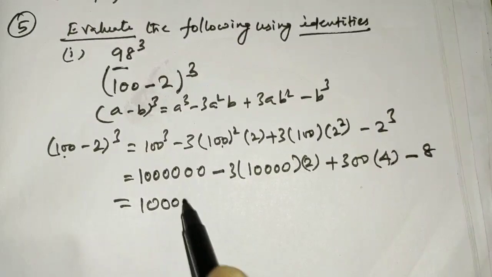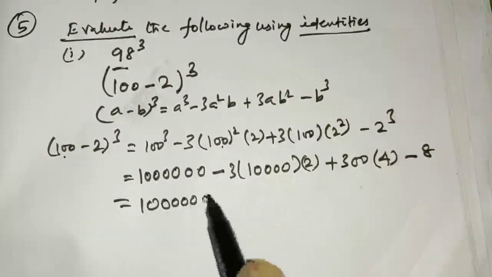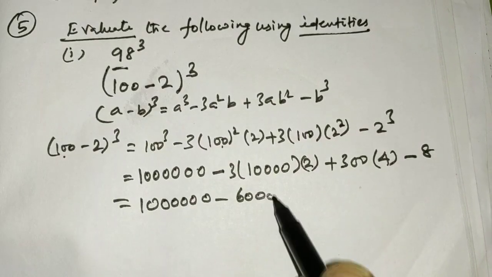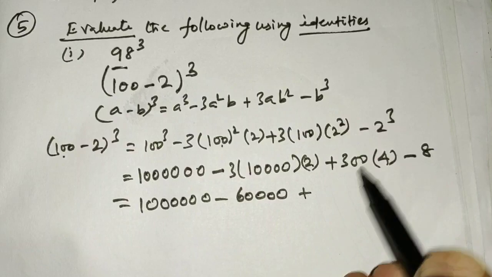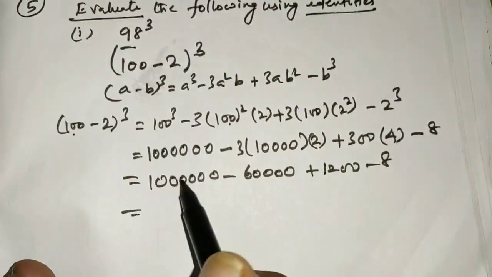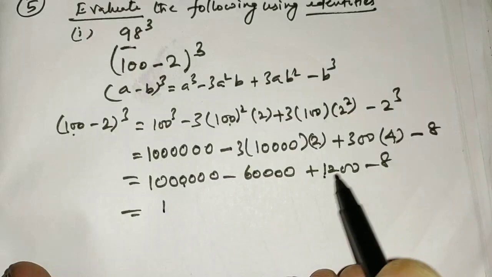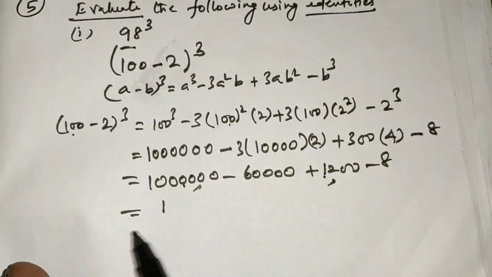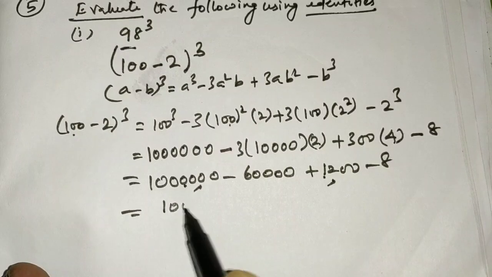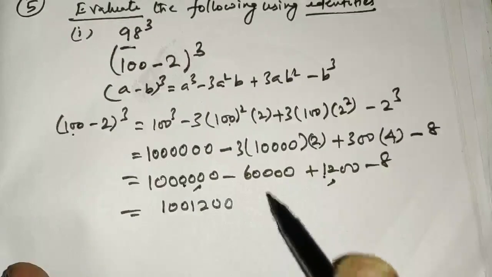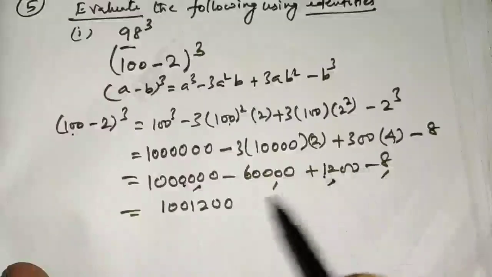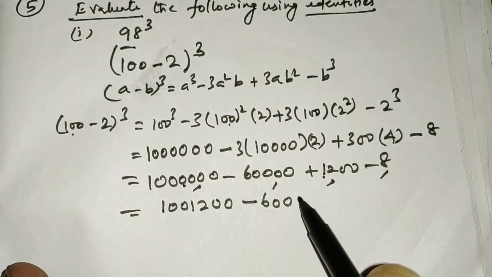So 1000000 minus, 2 threes are 6, 6 into 10,000 gives 60,000, plus 1200 minus 8. If you add these two, you will get 1001200. If you add these two, because these two are negative numbers, you will get 60,008.